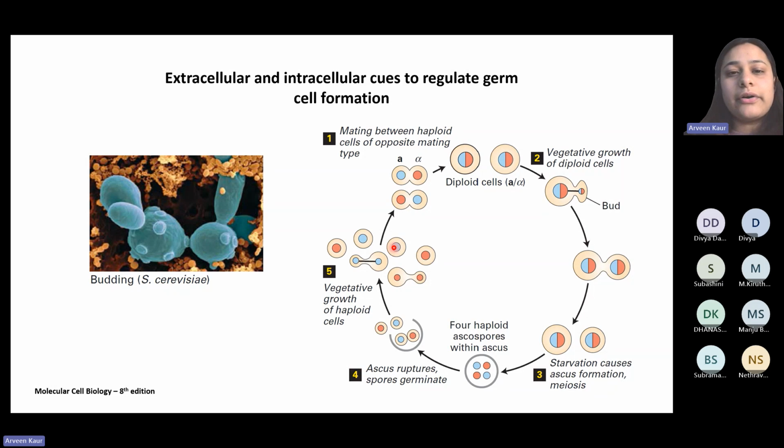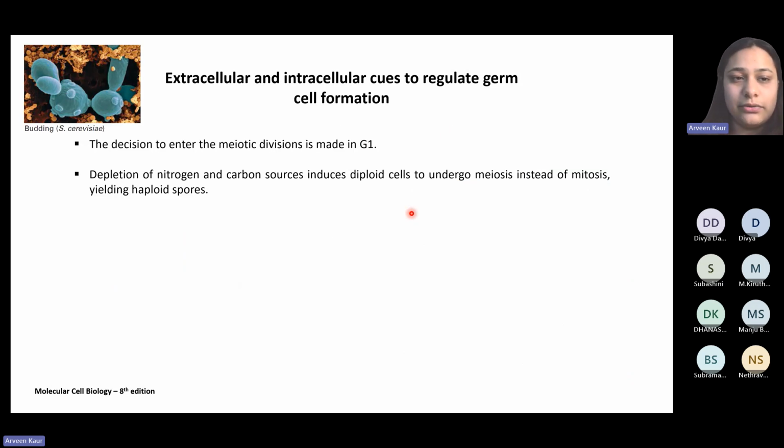Now, what is the cue for this germination to occur, right? So we know that starvation is causing it. That is one cue, right? There are some cues that we have already talked about earlier also, right? For example, IME1, IME2 checkpoints, which will act as transcription factors that are going to regulate this meiosis process, right?